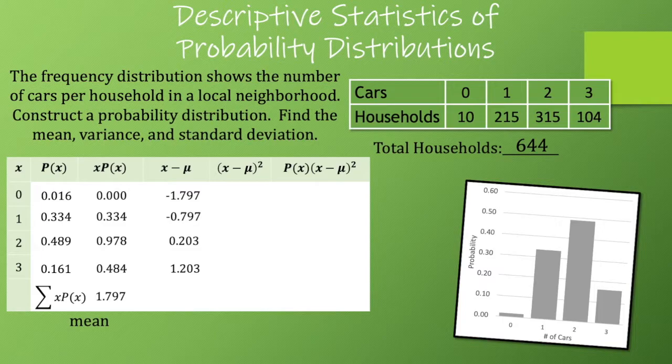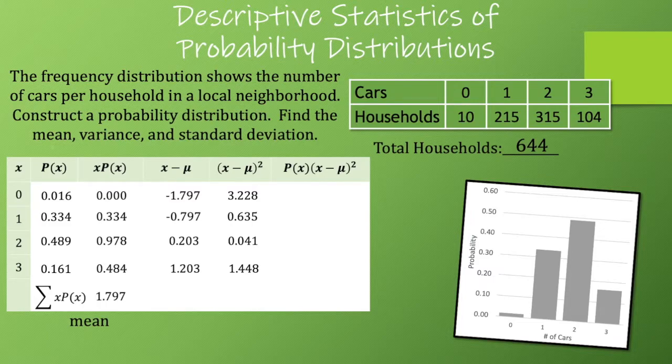Now we're going to take each of those numbers and square them. So negative 1.797 squared is 3.228, and we'll continue that on. Negative 0.797 squared is 0.635, and then the next one is 0.041, 1.448, and we have that column covered.